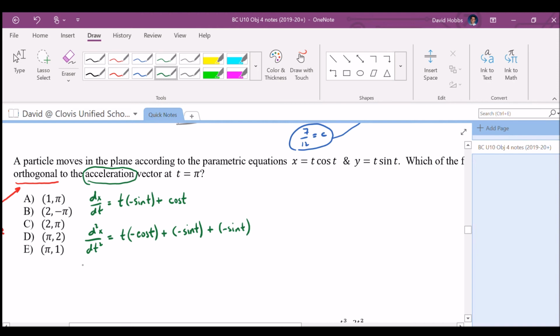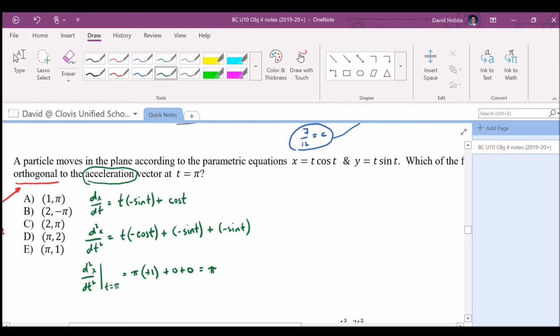Okay, and we're evaluating that at t equals pi. So I've got pi times, cosine of pi is -1. Opposite of -1 is +1. Sine of pi is 0, -0, that's still 0. So pi.